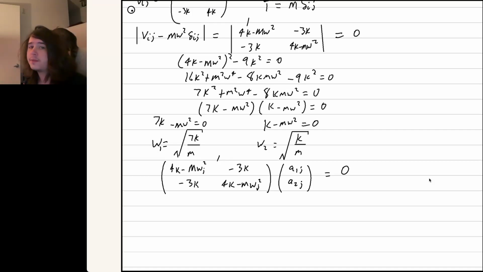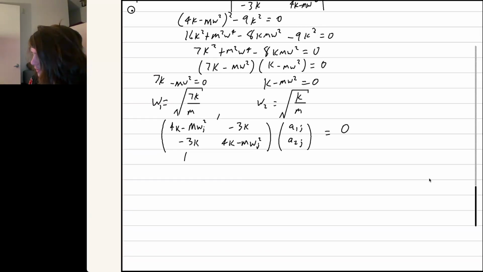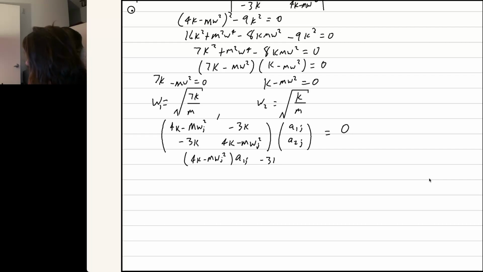Right, so when you do a little bit of matrix multiplication, you will see that you have 4k minus m omega j squared, a1j minus 3k a2j is equal to 0, and minus 3k a1j plus 4k minus m omega j squared a2j is equal to 0.